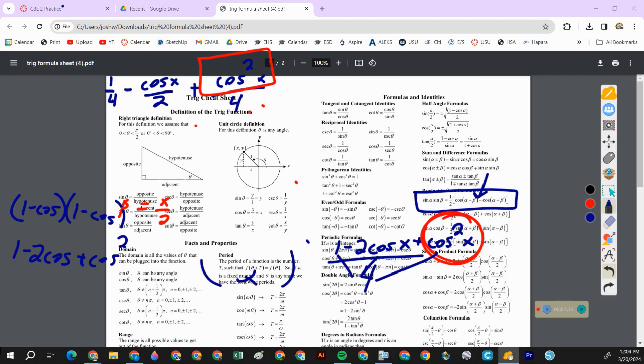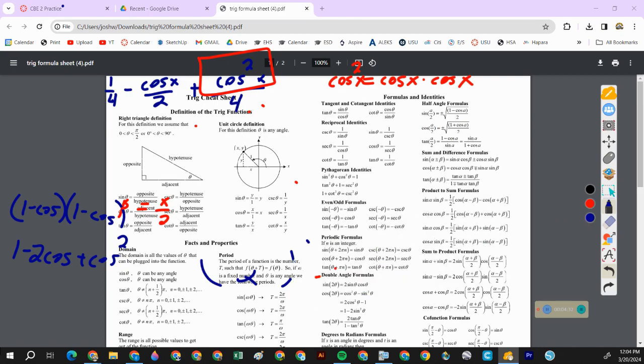I'm going to split that into, cosine squared of x is equal to the cosine of x times the cosine of x. So according to my product and sum formulas, alpha is x and beta is also x. Now I'm going to use this formula. So 1/2 cosine of x minus x is 0.